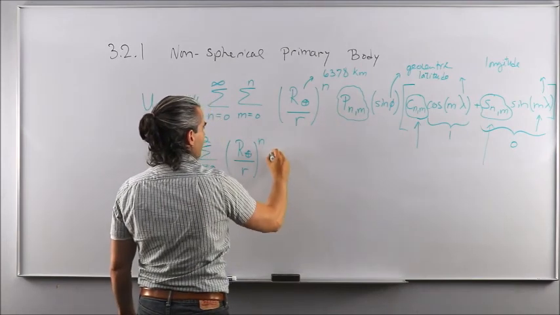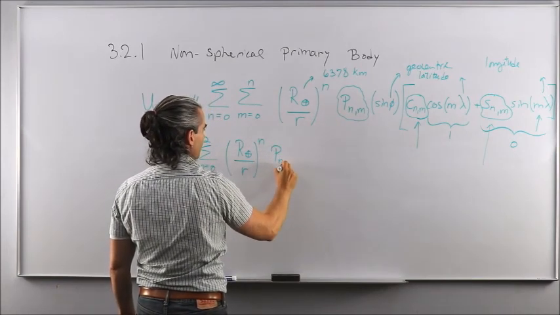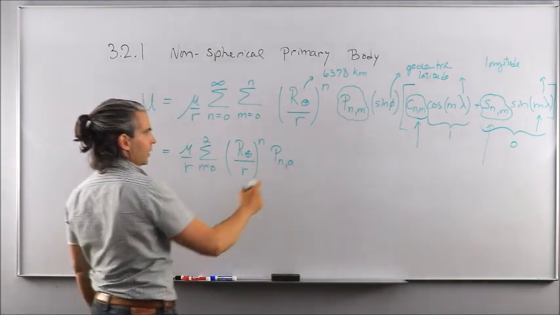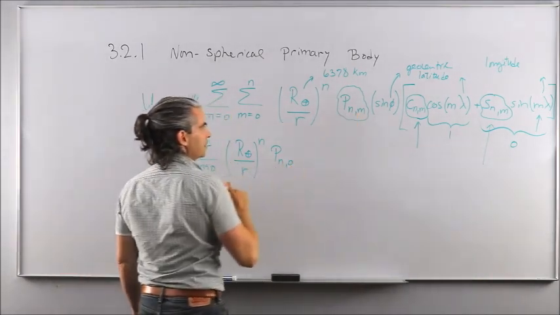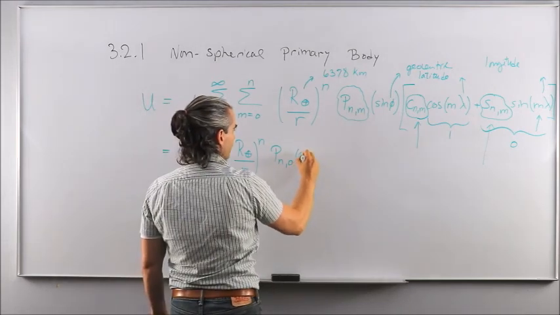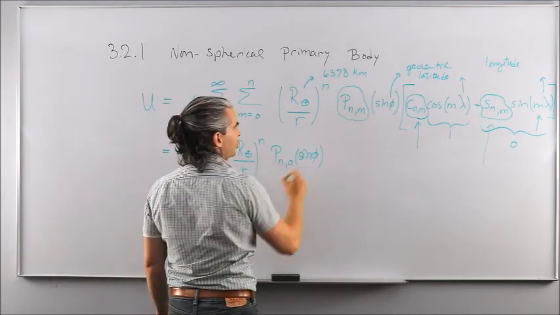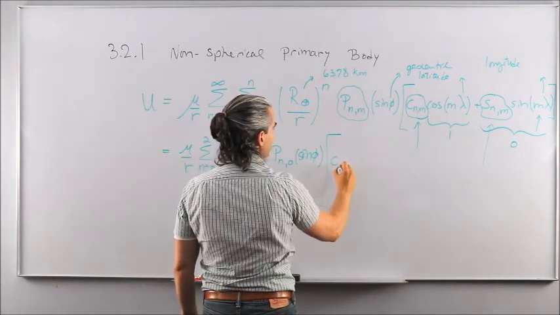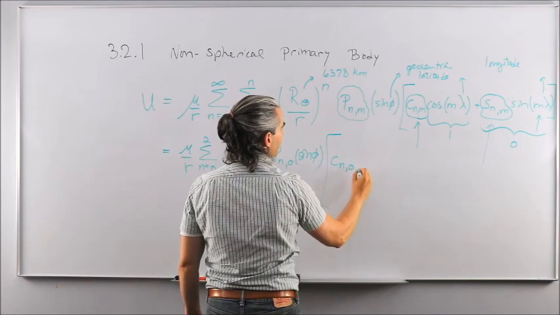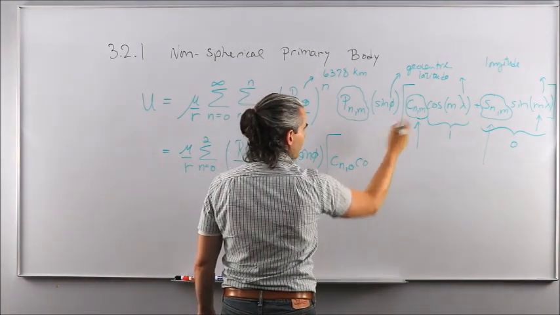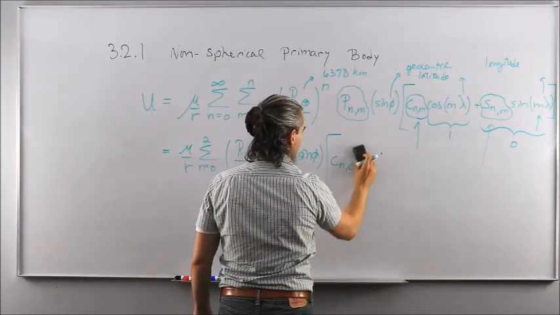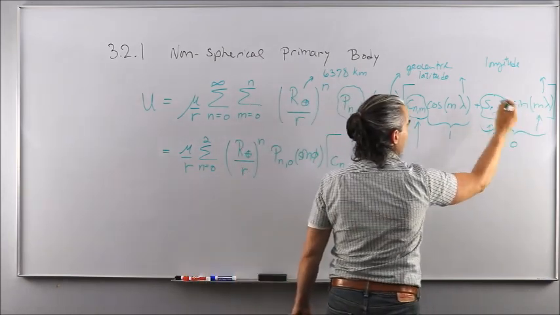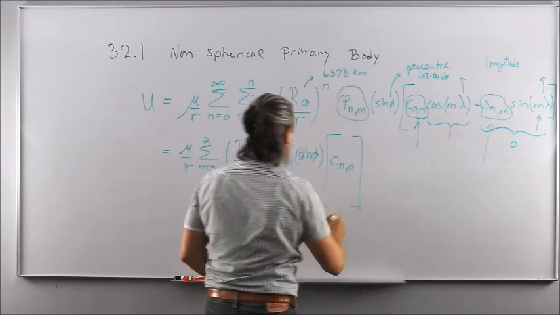P_n,0 is our Legendre polynomial of n and comma 0 because we are fixing our m to be equal to 0, which is a function of sine of our geocentric latitude that then multiplies C_n,0 cos of 0, which is 1, plus S sine of 0, which is 0. So that's all we have here. Okay?